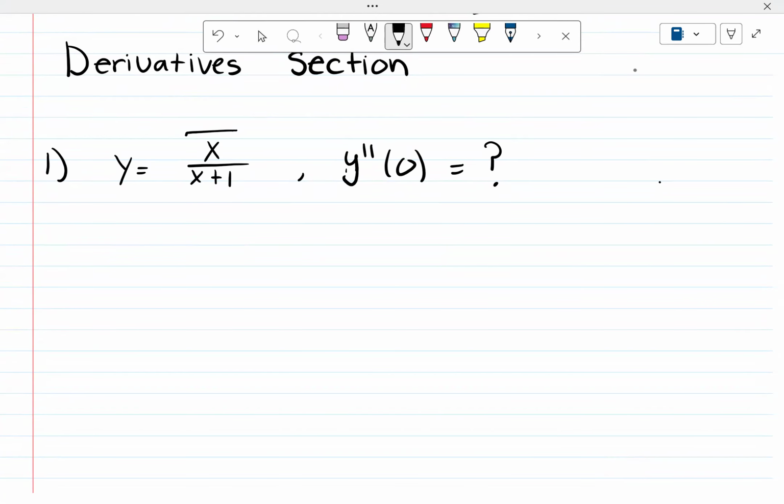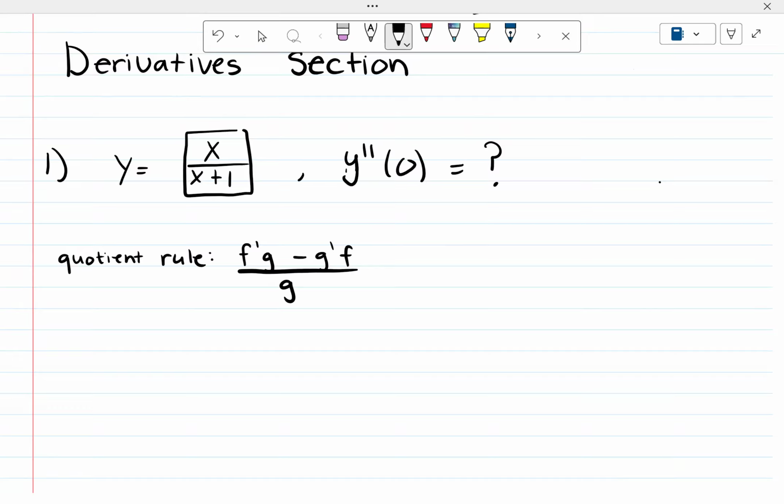Well, I noticed that it's a fraction, so you have no choice but to use the quotient rule. If you recall, this is the quotient rule, I'll write it down: f prime g minus g prime f over g squared.